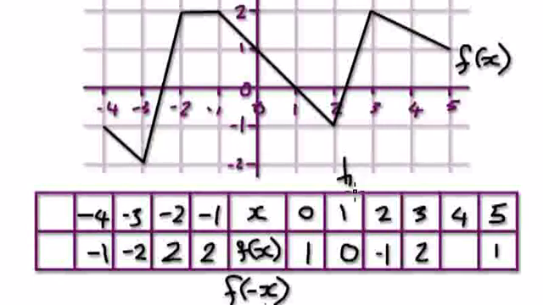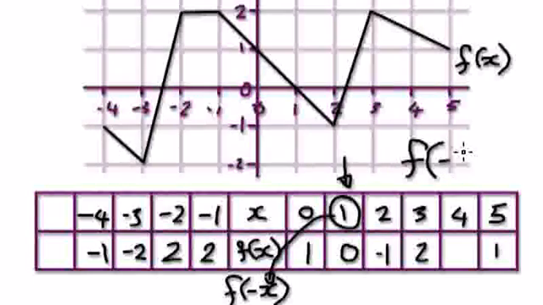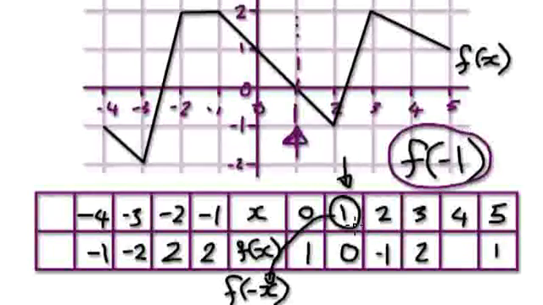So let's look at when x equals 1. When you put positive 1 into this, it's in effect you trying to find out f of negative 1. Now when x is 1, our new position somewhere on this vertical line must be when x is negative 1.